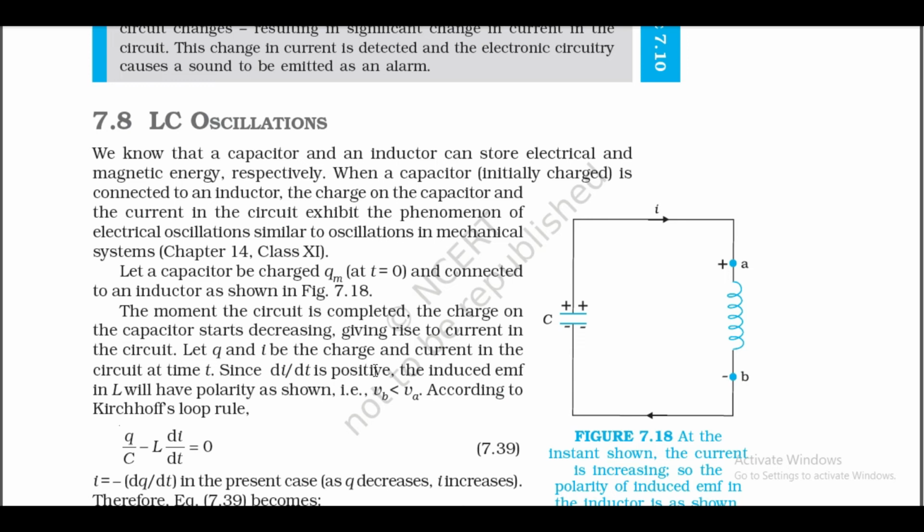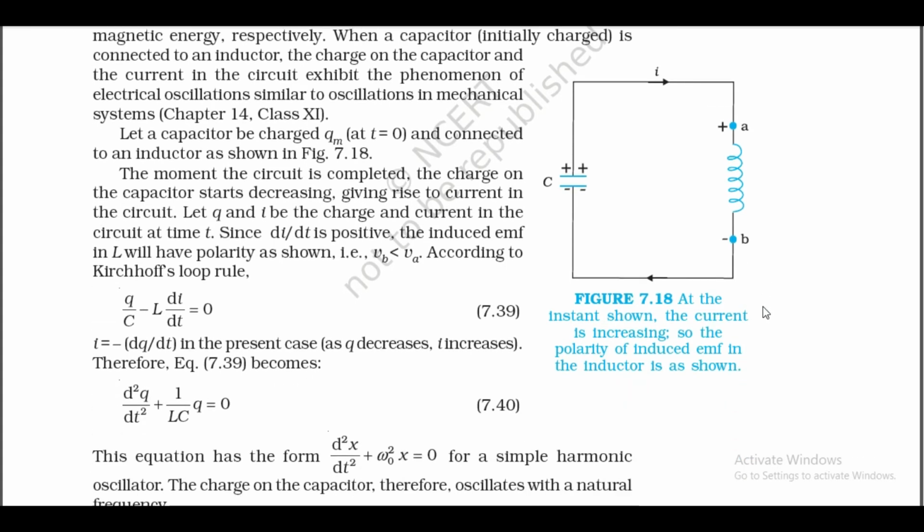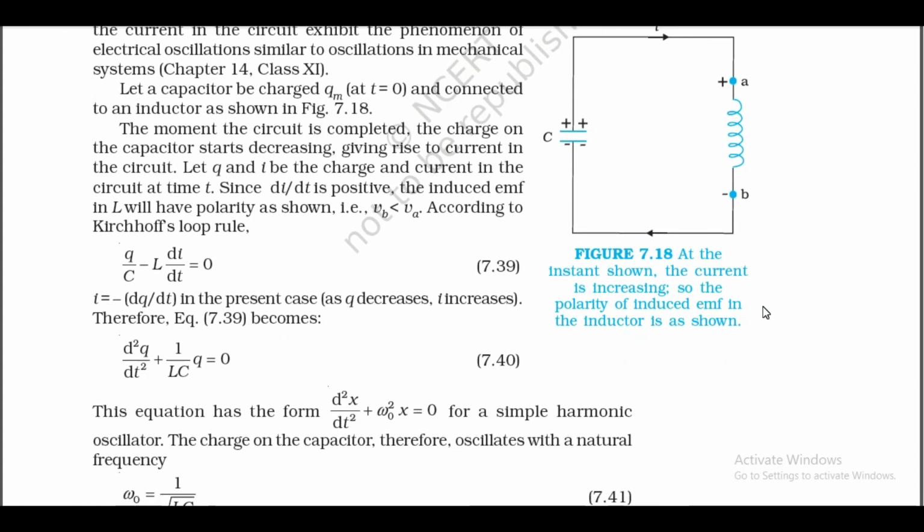Since dI divided by dt is positive, the induced EMF in L will have polarity as shown, that is VB lesser than VA. According to Kirchhoff's loop rule, Q divided by C minus L dI by dt is equal to 0. I is equal to minus dQ divided by dt in the present case. As Q decreases, I increases.